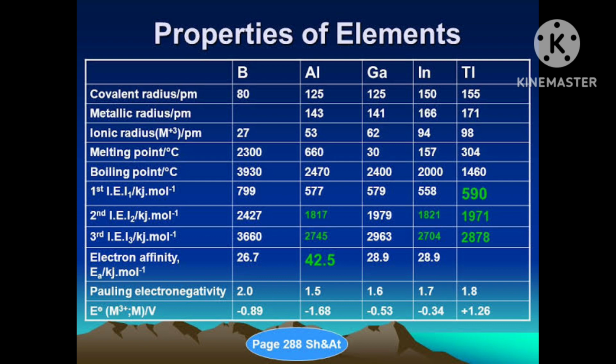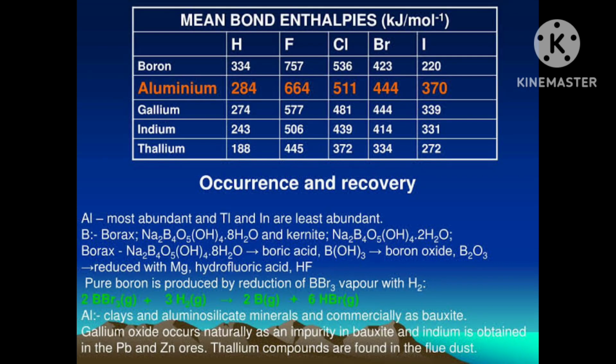Therefore, atomic radius is expected to increase. However, a deviation can be seen. The atomic radius of gallium is less than that of aluminum. It should be more, but for gallium it is found less.